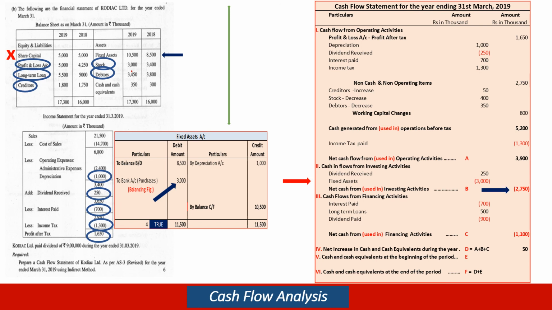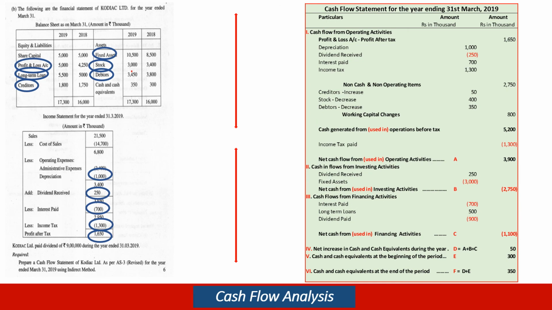With this, the cash flow from investing is 2,750. Financing is 1,100. You come here and then see share capital. There is no change. We have covered the entire balance sheet and profit and loss account. Effect of A plus B plus C, 3,900, 2,750, 1,100 is net addition of 50 on our cash flow.